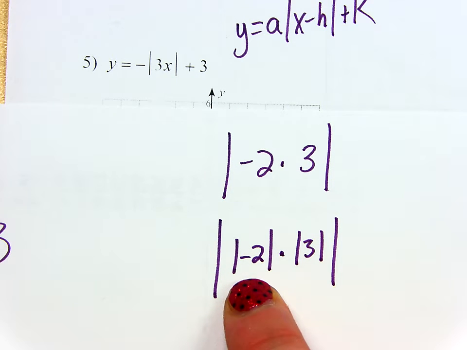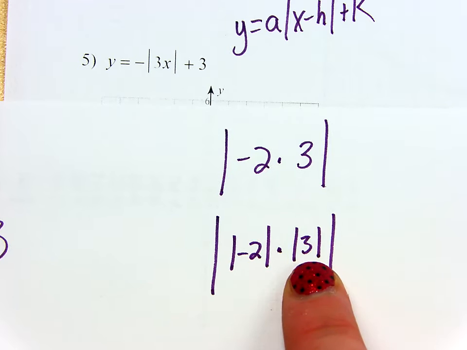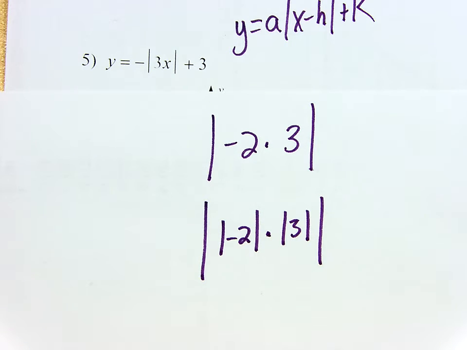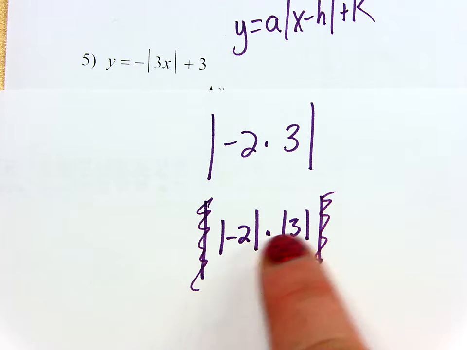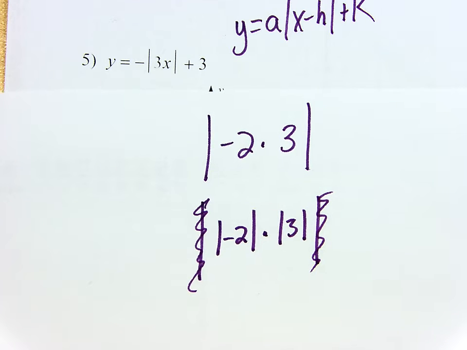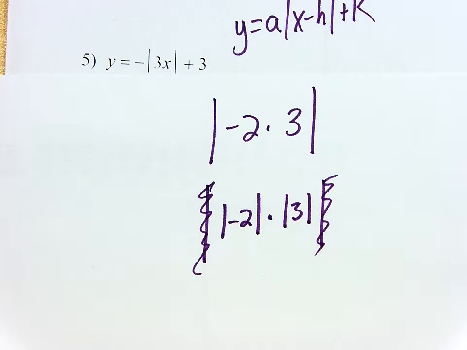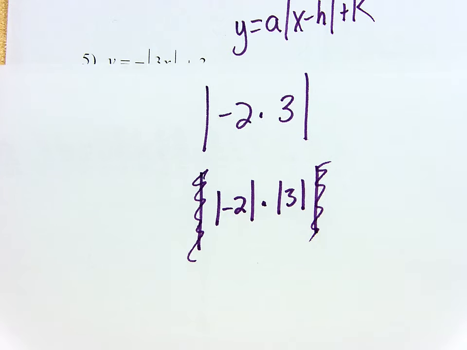What's the absolute value of negative 2? 2, and the absolute value of 3 is 3, so 2 times 3 is still going to get me a 6. Do you follow? I don't even need these absolute value bars because if I take the absolute value of that and that, it's already going to be positive. Will this always work?